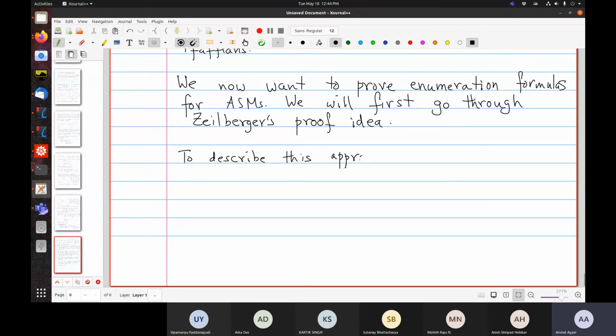This approach. We will first encode TSSCPPs in another way.